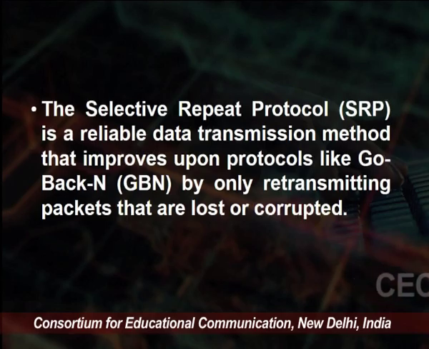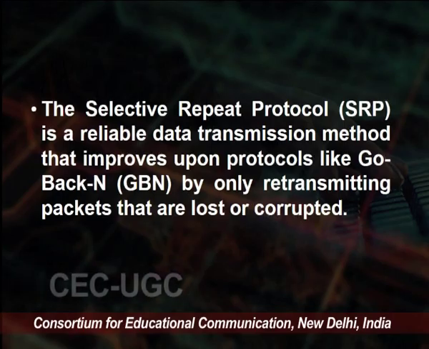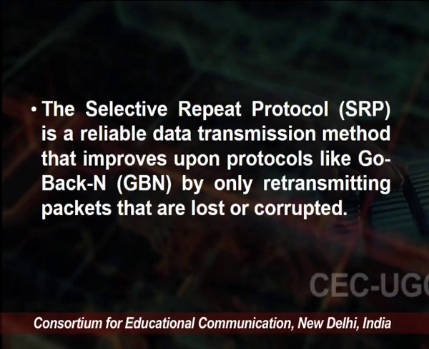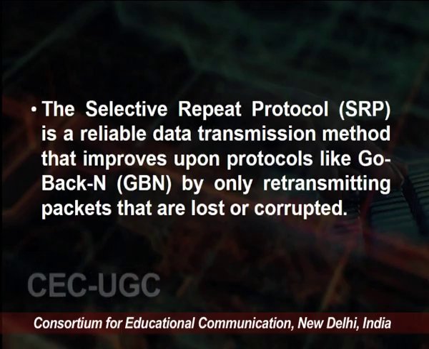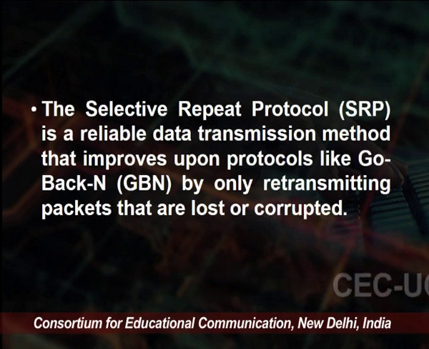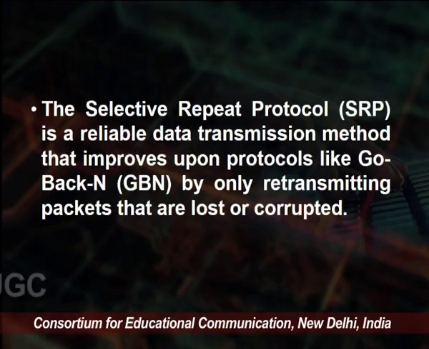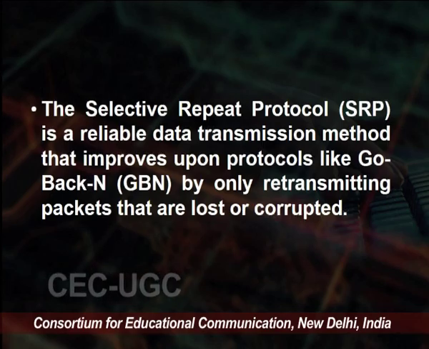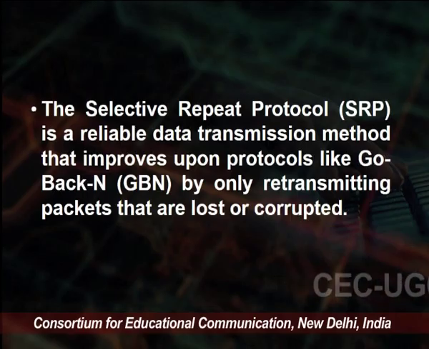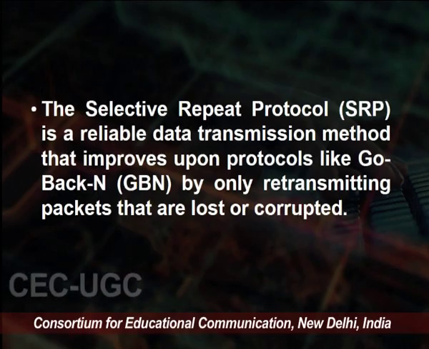Now we are going to move forward to selective repeat protocol, which in short we can say SRP. Basically it is used in all the data transmission methods which are of the reliable type, and it improves upon protocols like GBN, which is go back N. The idea or the strategy here is that retransmission is going to happen only for the packets which are lost or corrupted.